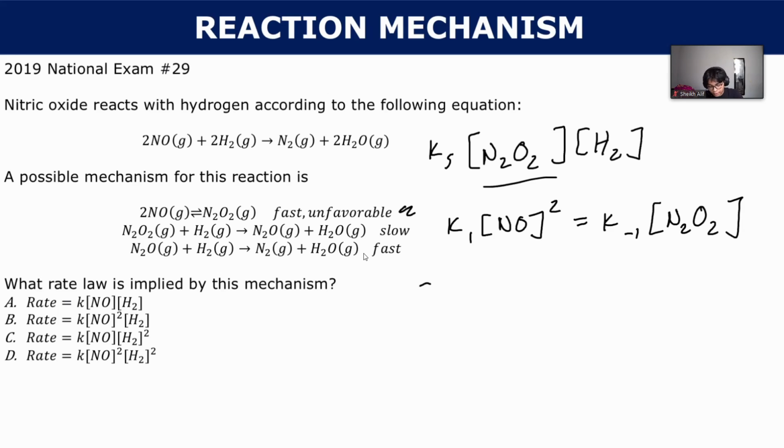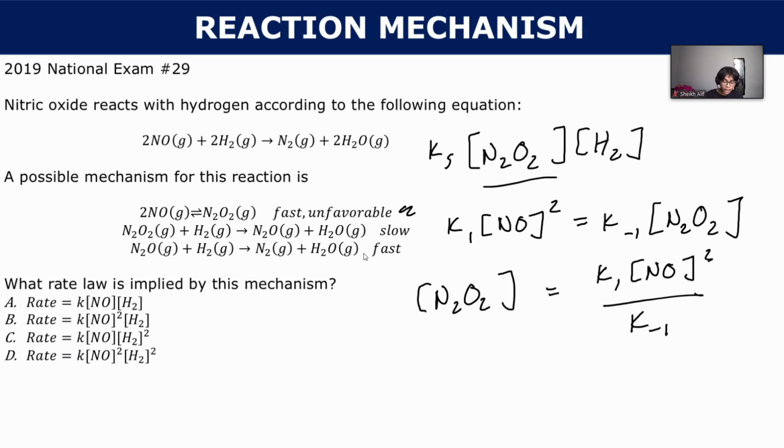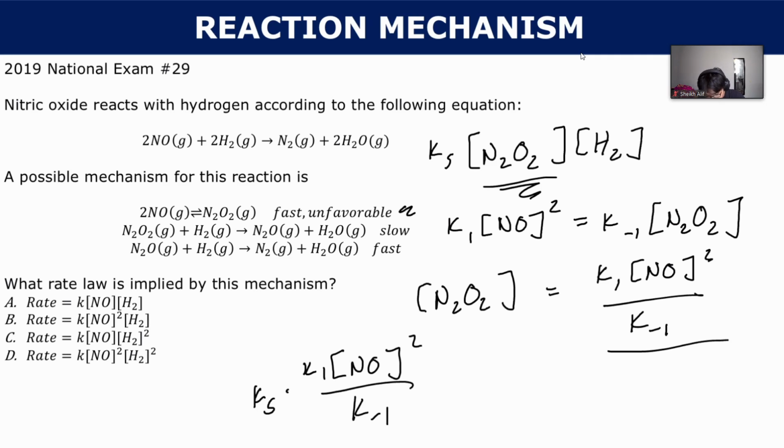So if we isolate for N2O2, it's going to be K1 times NO squared over K minus 1. And what we can do now is substitute this value for the N2O2 over here. Okay, so Ks times K1 times NO squared over K minus 1 times H2.